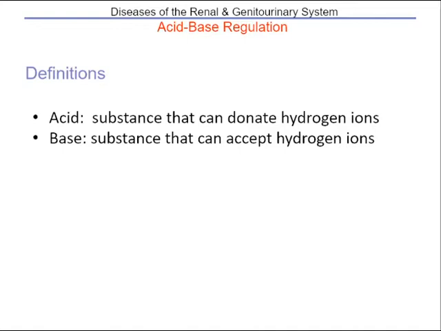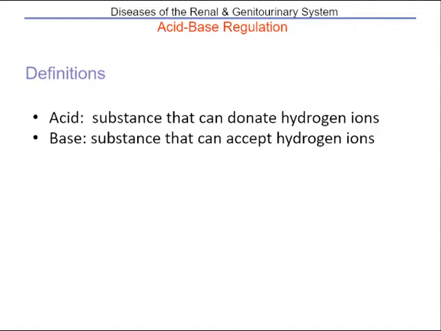So for starters, let us just review definitions of acids and bases. From your undergraduate years, you know that acids are defined as substances that can donate hydrogen ions, or some definitions say they can donate protons.